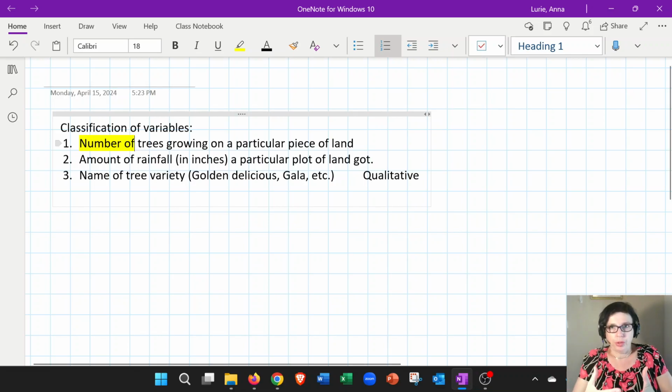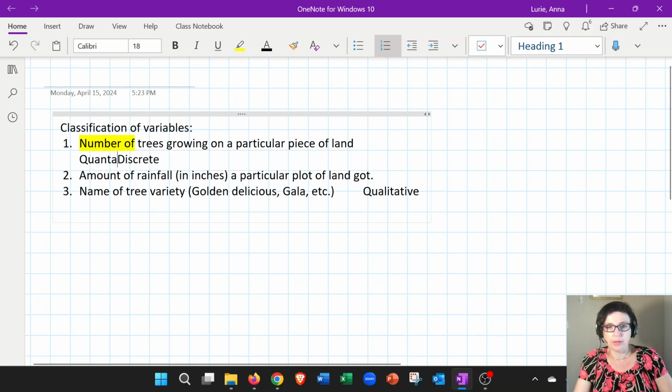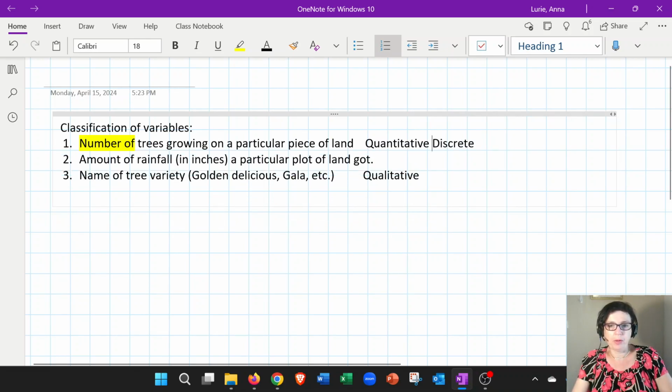That is a count. 1, 2, 3, 4, 5. Also possibly 0. If it's a count, it's always discrete. And that's as easy as that. So this would be quantitative discrete, and then the other one would be quantitative continuous.